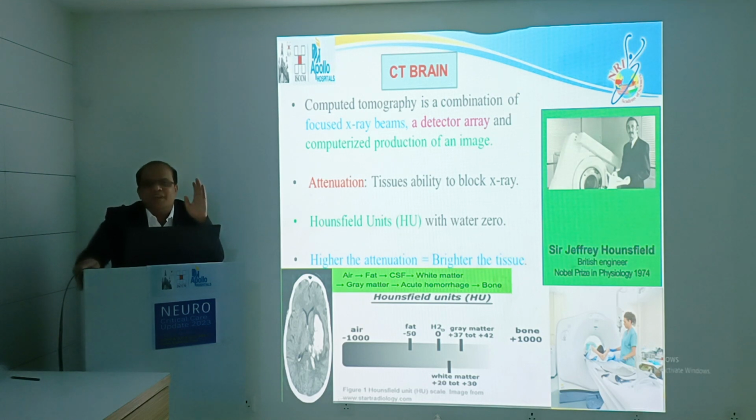Attenuation is expressed in Hounsfield units. For example, bone has the highest, around 1000 Hounsfield units, and appears the brightest, whereas water is 0 Hounsfield, and air is negative 1000, so it appears black.